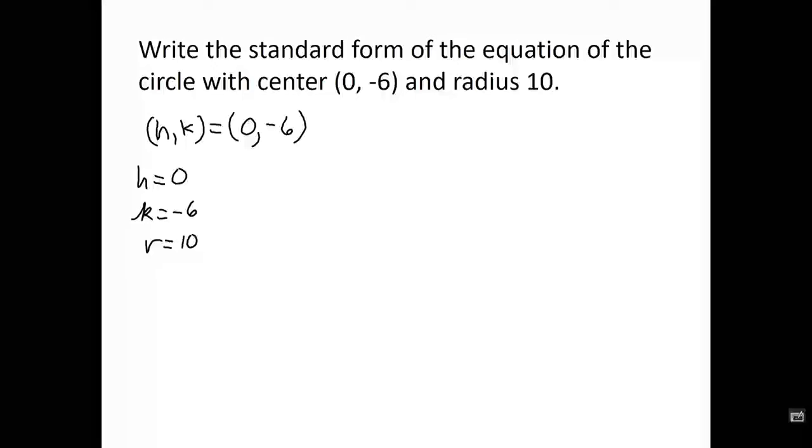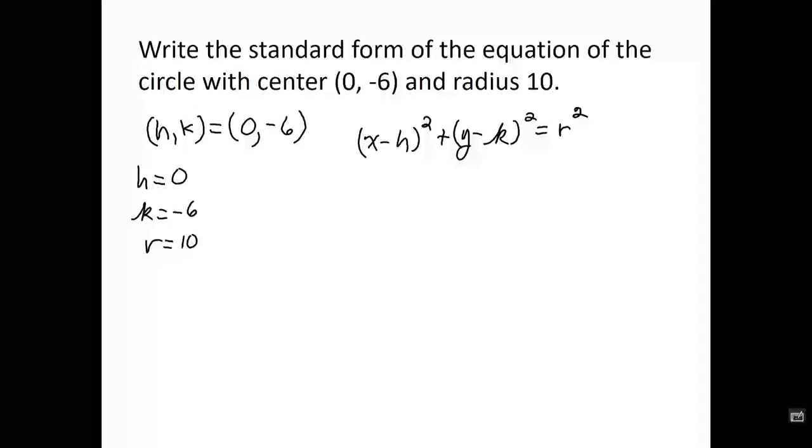So the first thing we want to do, let's substitute into the standard form here. So recall that the standard form is what? (x - h)² + (y - k)² = r².